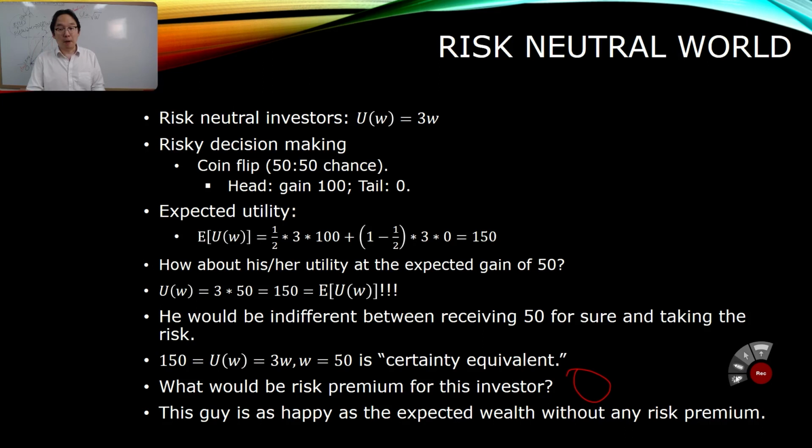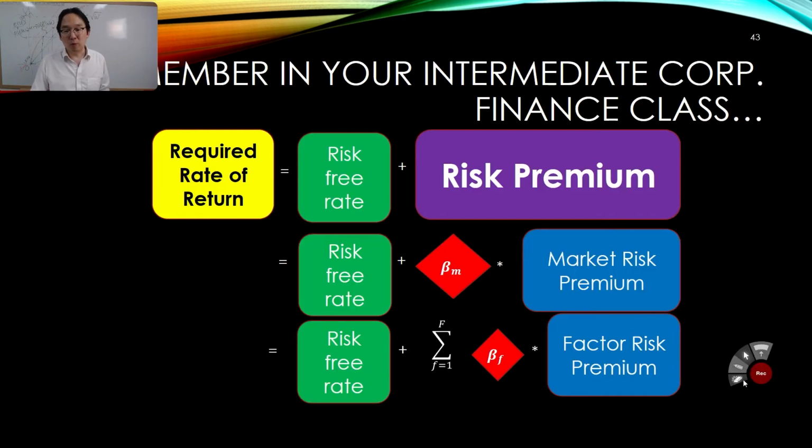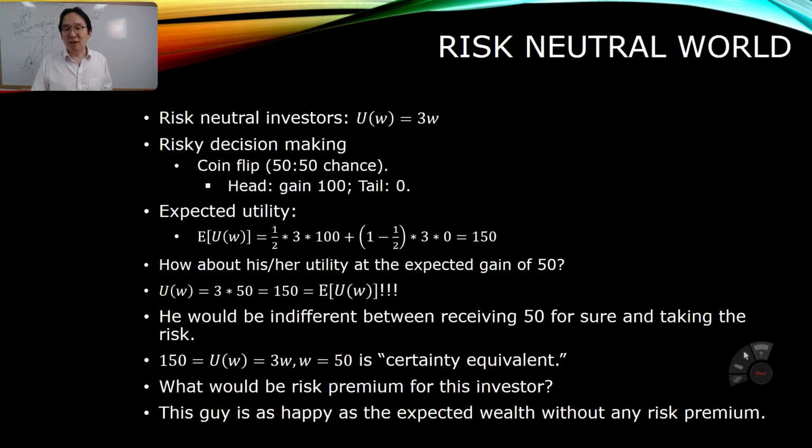So only if you are living in this risk neutral world, where everybody is risk neutral, then we don't have to worry about how to model this risk premium. We can just live with the risk-free rate in discounting everything. Wouldn't it be convenient? Because we've been having so much trouble modeling this risk premium. God knows why. So that's why.